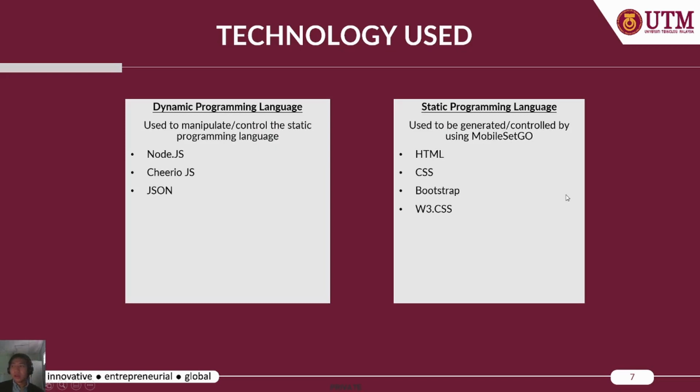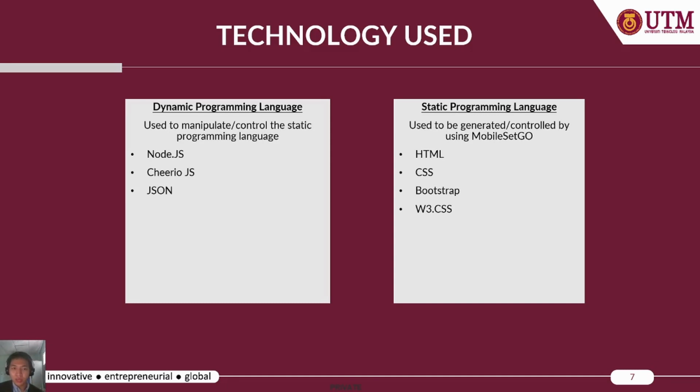Okay, next we look into the technology used in this project. There are two types of technology that we used in developing this project. The first one is the dynamic programming language. A dynamic programming language is a technology used to manipulate or control the static programming language.